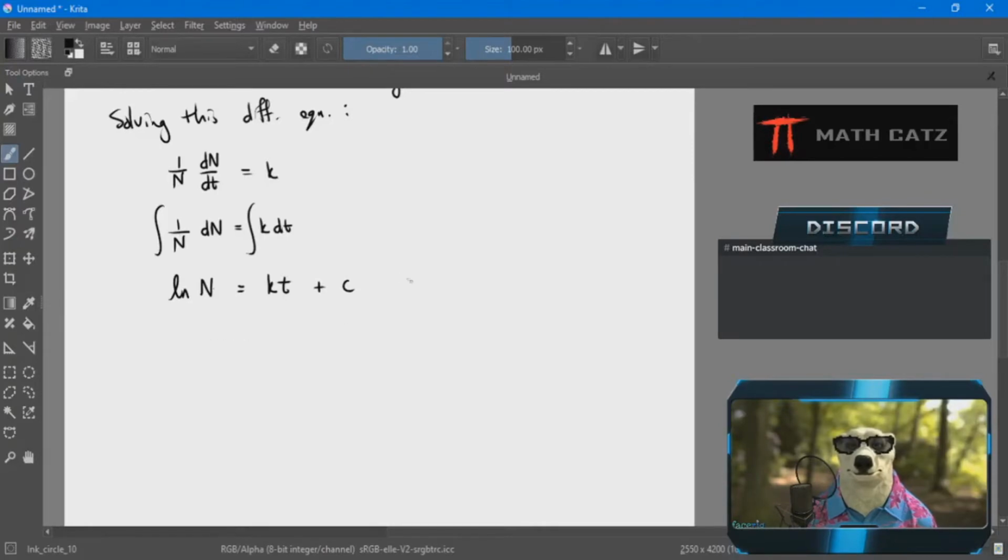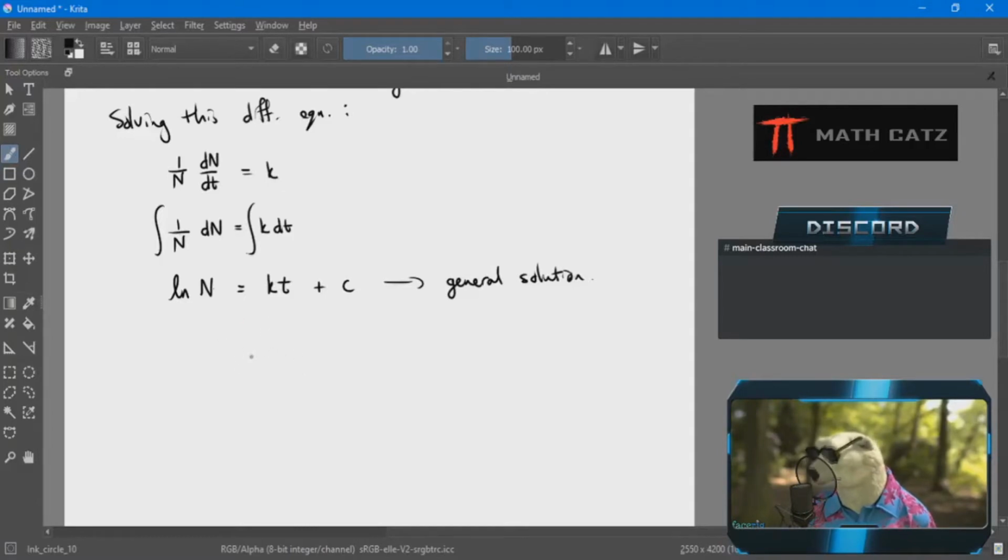Now, this would be a perfectly fine general solution under normal circumstances, but I have practical problems in mind. And so it would be beneficial for me to solve for n so that I can have a function that I can use to answer follow-up questions.